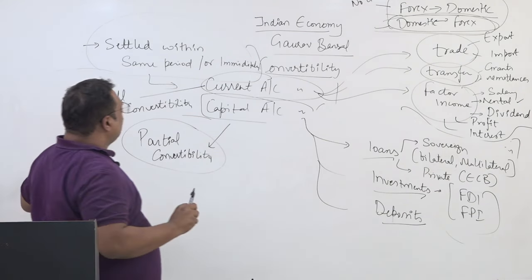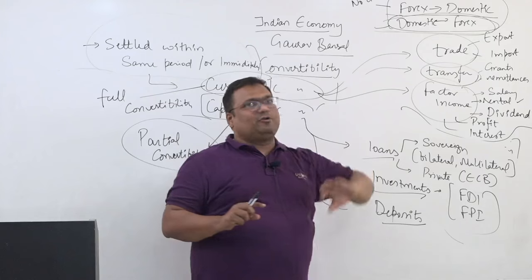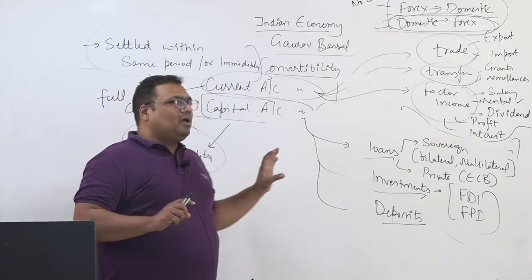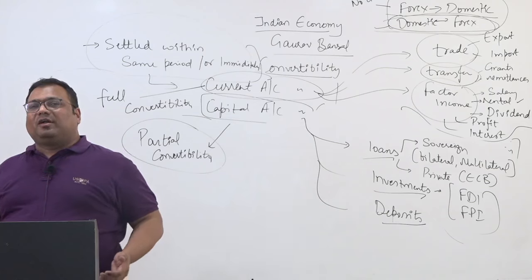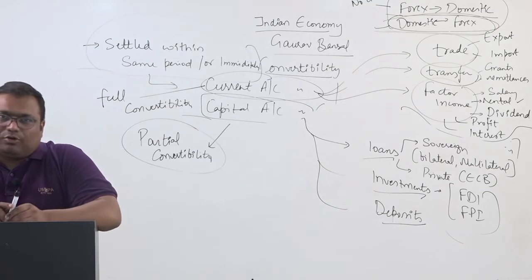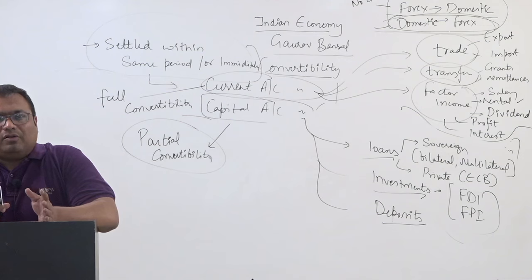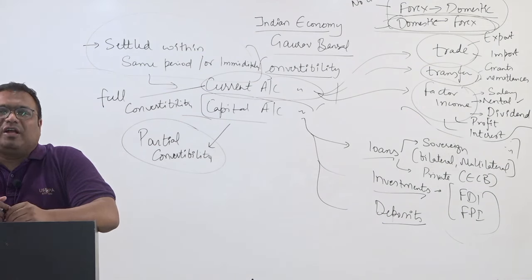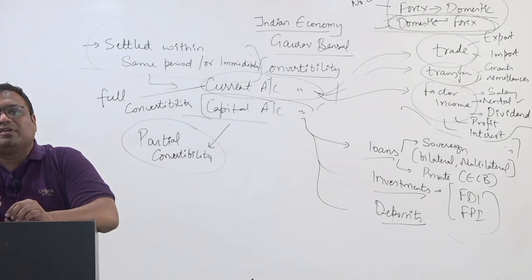Let me again slow down the process and explain to you in a simple way. What is the problem with full convertibility? If full convertibility is allowed, there is a challenge that anybody can take back their investments. There are many investors who have invested up to $10 billion in India, even more than $15 billion.